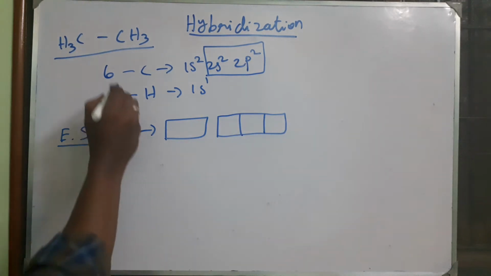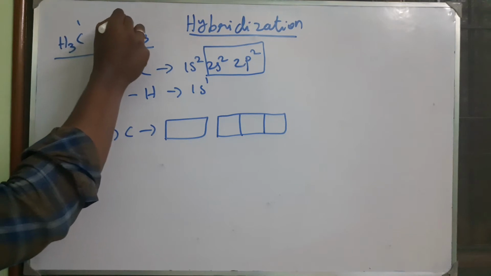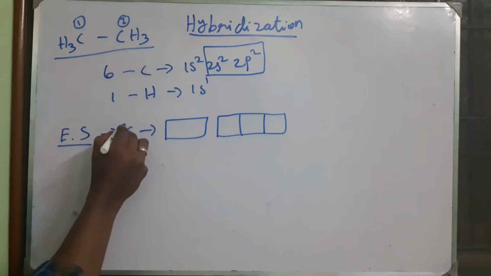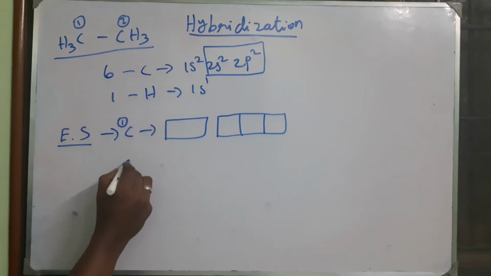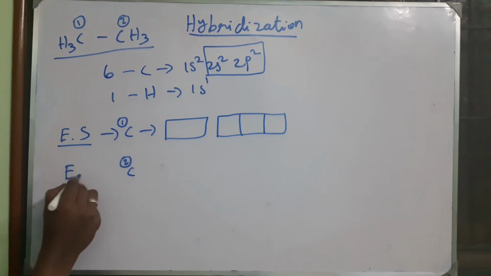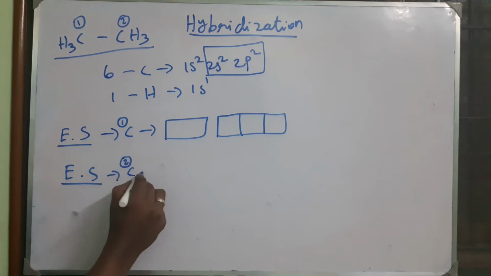There are 2 carbons, so this is the first carbon and this is the second carbon. How do we write the excited state electronic configuration?